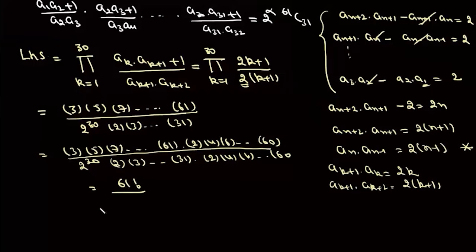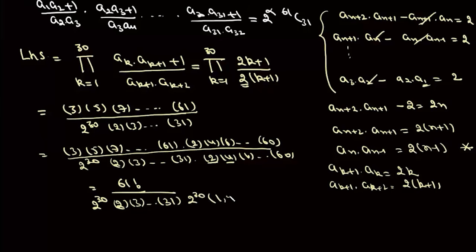factorial 61. Now, this is 2 to the power 30. This is 2, 3, 4 up to 31. And here, if we take 2 out from each of these 30 terms, we'll get 2 to the power 30, and then we'll have 1, 2, 3 up to 30. So it'll be factorial 61 divided by 2 to the power 60, and this is factorial 31 into factorial 30.